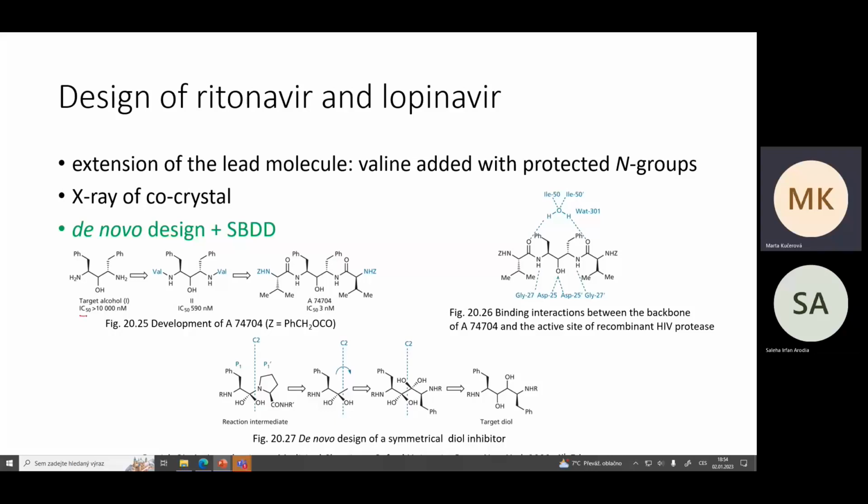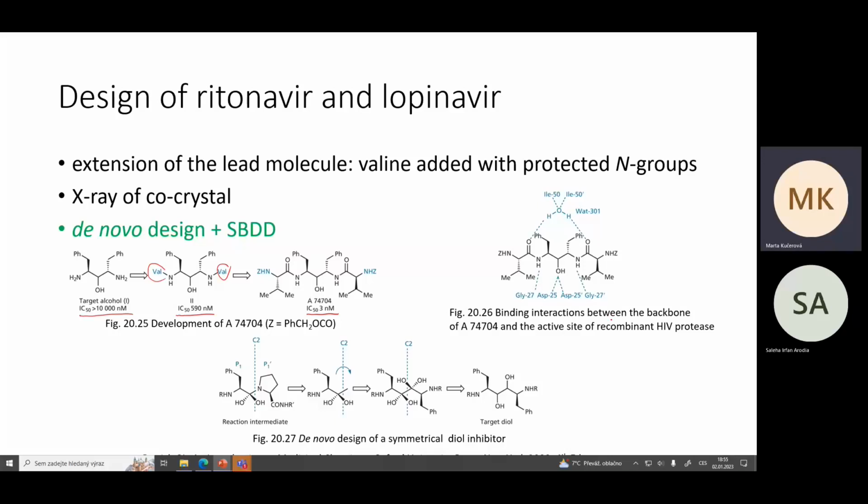The target alcohol was not very active, but when the valine moieties were added to the sides, the scientists obtained nanomolar IC50, and with further optimization, even units of nanomolar concentration in IC50.